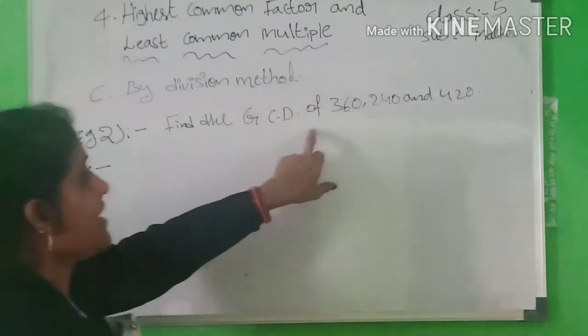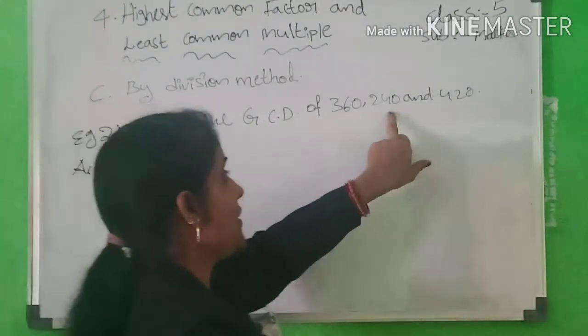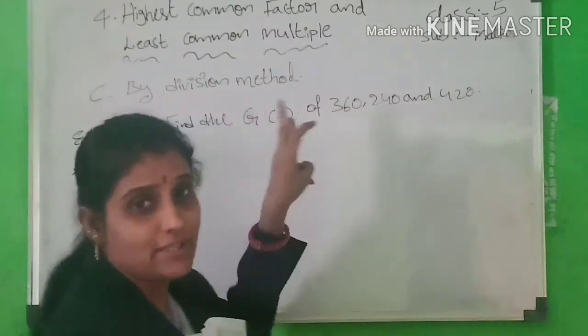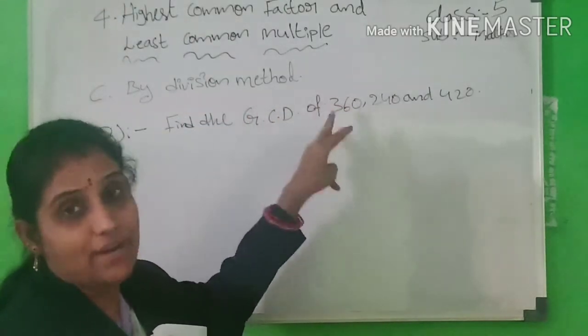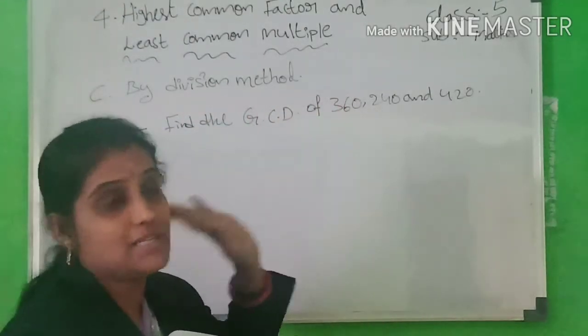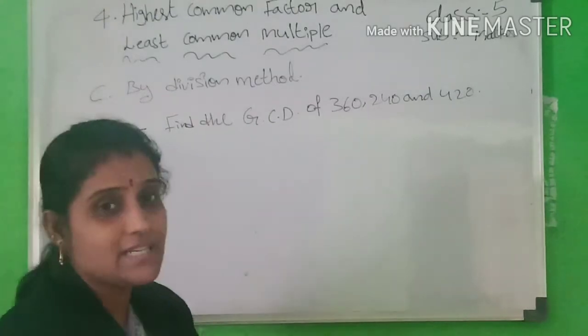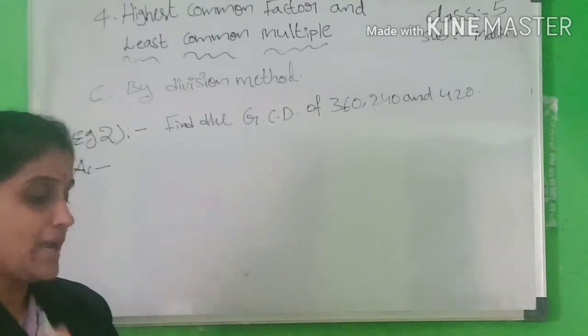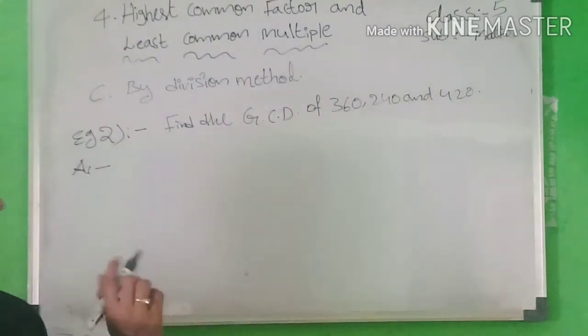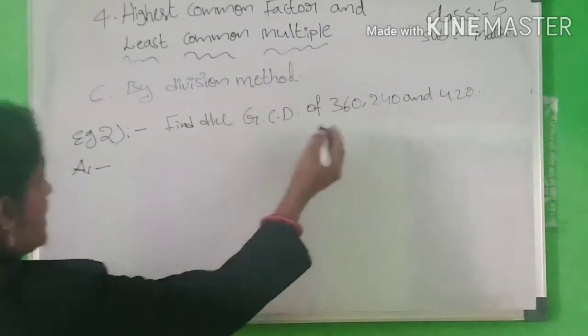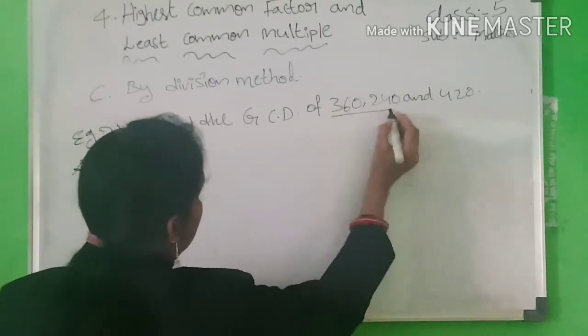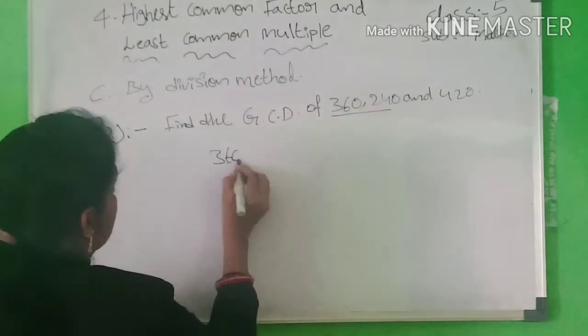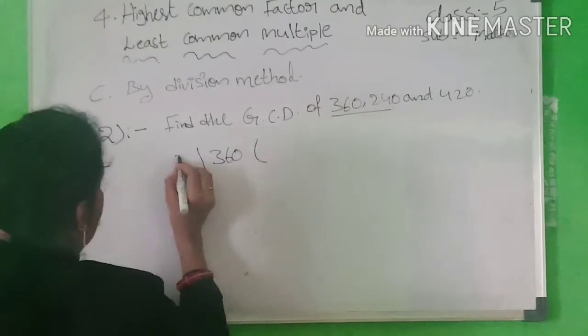Okay, one more example. Find the GCD of 360, 240 and 420. Here there are 3 numbers. First find the GCD of any 2 numbers. I will take these two: 360 and 240.